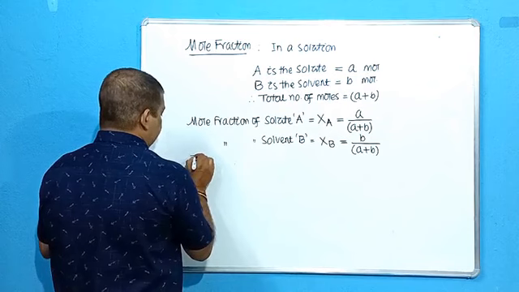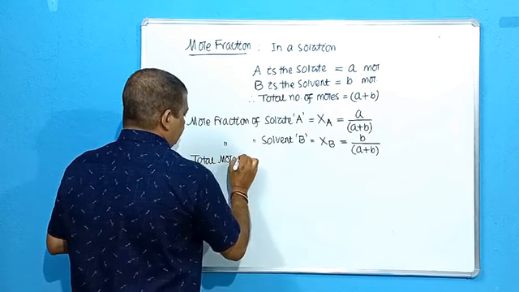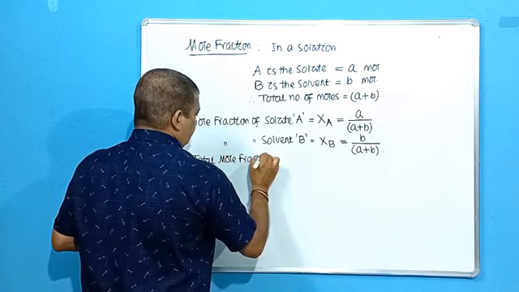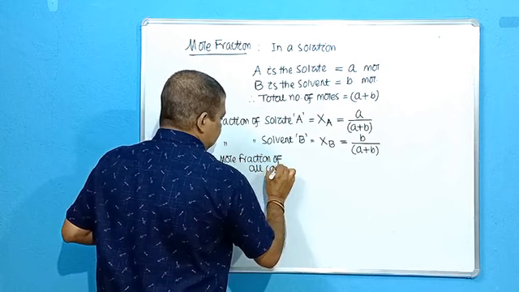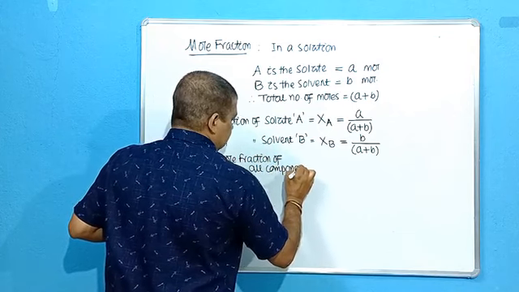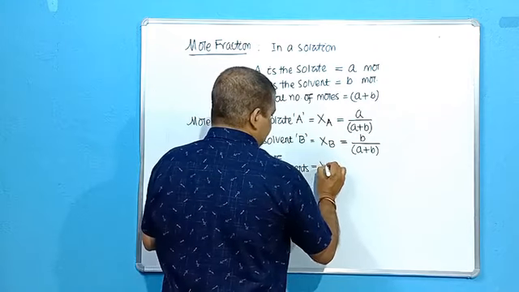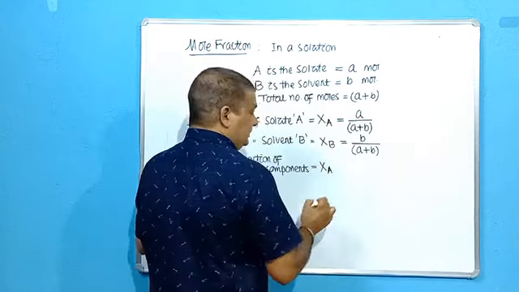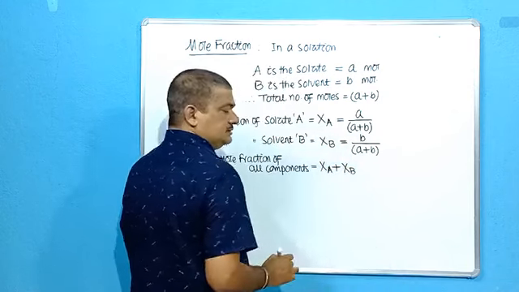Now the total mole fraction of all components present in the solution will be XA, the mole fraction of solute, plus XB, the mole fraction of solvent.